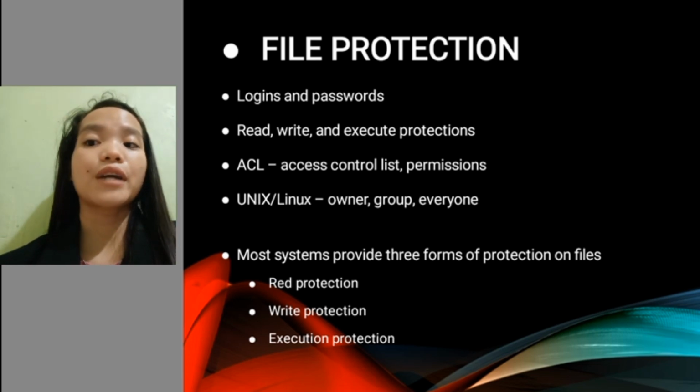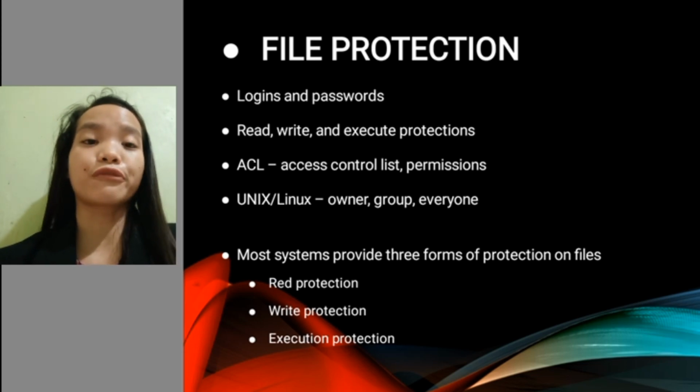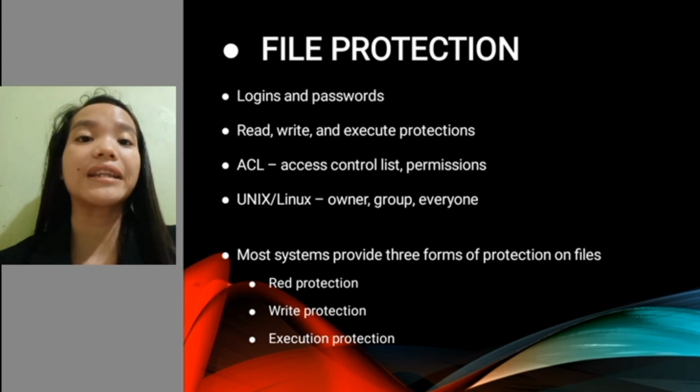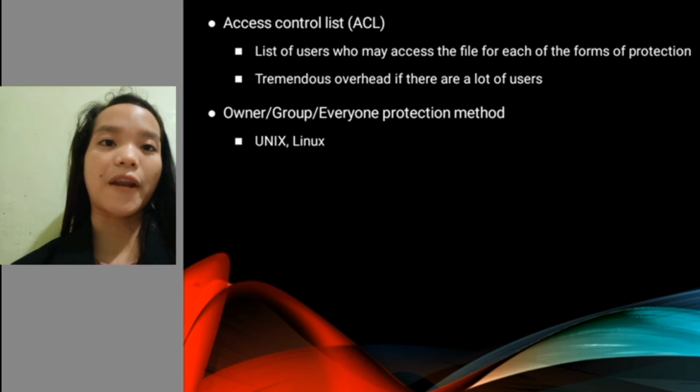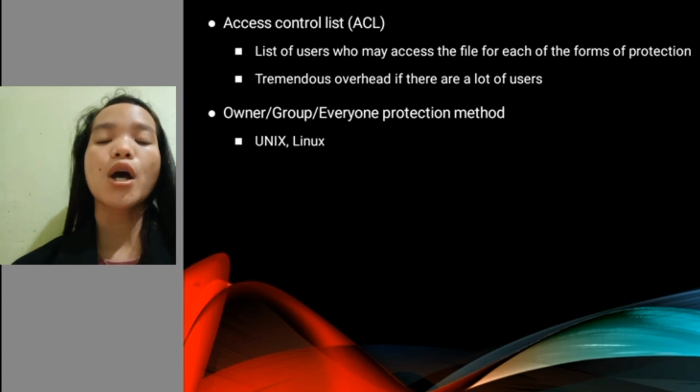It is a security feature that can help to prevent damage to your computer from viruses and other security threats. Next is Access Control List, or ACL. The access control list is the list of users who may access the file for each of the forms of protection, and it has tremendous overhead if there are a lot of users.